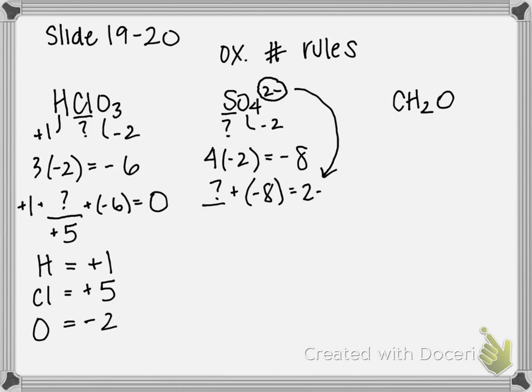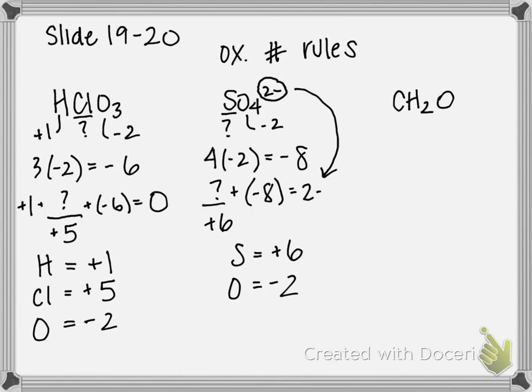That happens to be +6. So sulfur has an oxidation state of +6. Oxygen is still -2, because the oxidation state is made per individual element, not based on how much it contributes to the total charge.